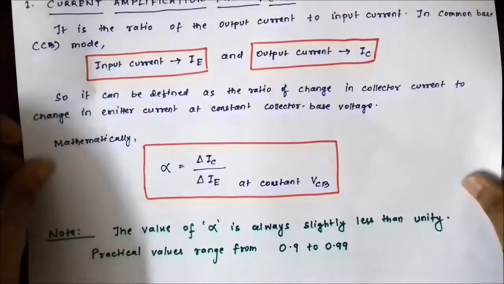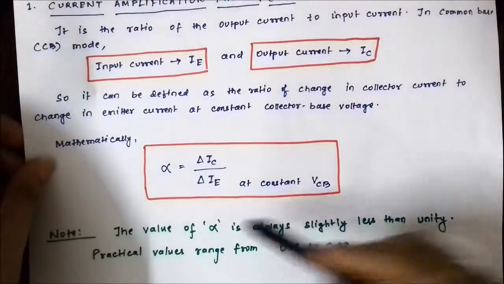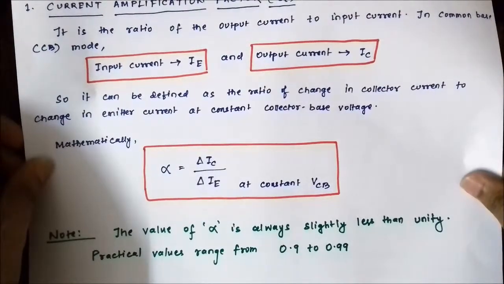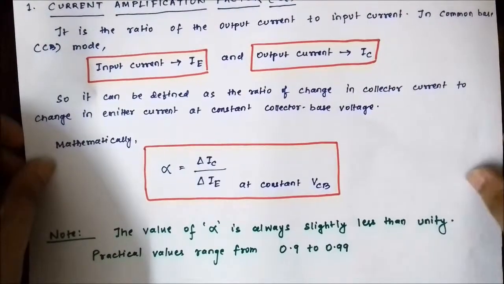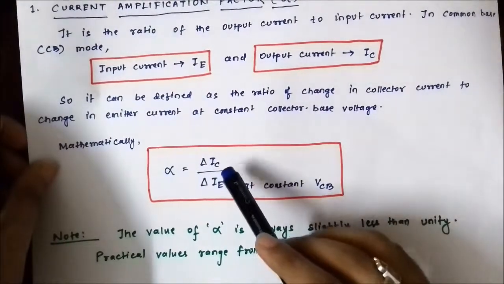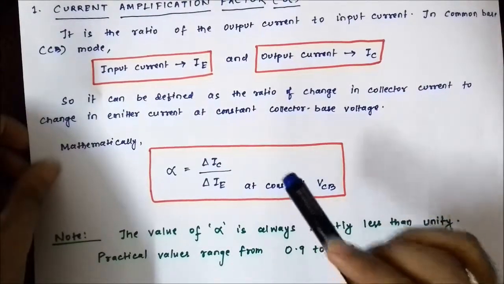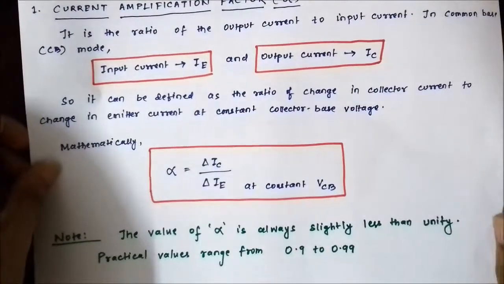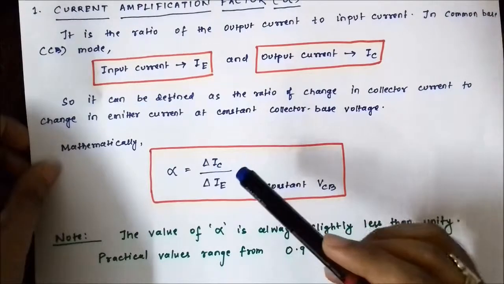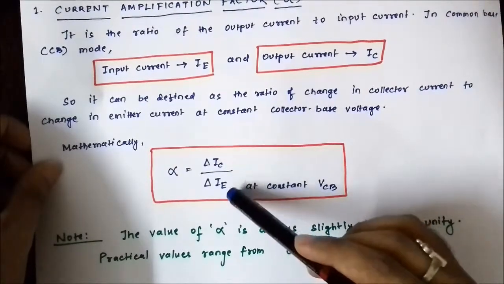Now the value of current amplification factor for common base mode, that is alpha, is always slightly less than 1. That is because we know that the collector and emitter current are almost equal, because only a small amount of current is lost because of electron hole recombination in BJT. I have mentioned that the collector current is almost 95% of the emitter current.